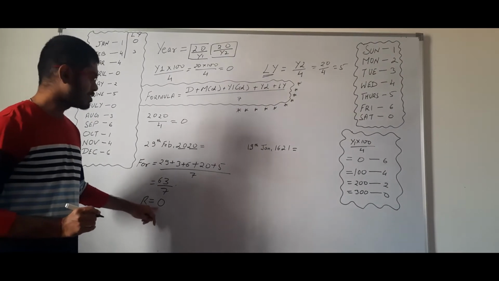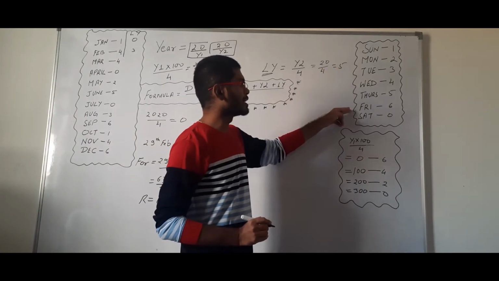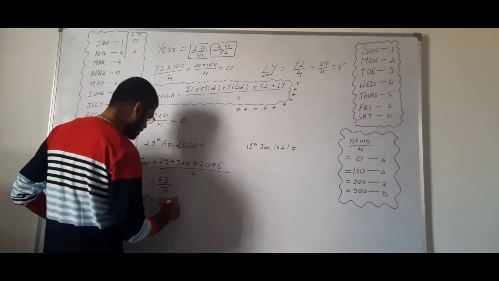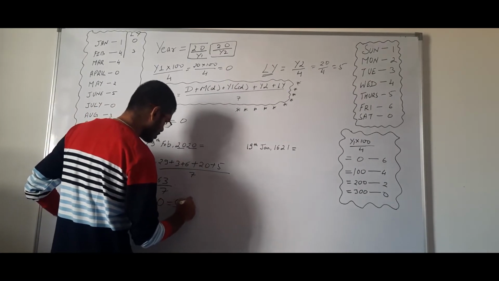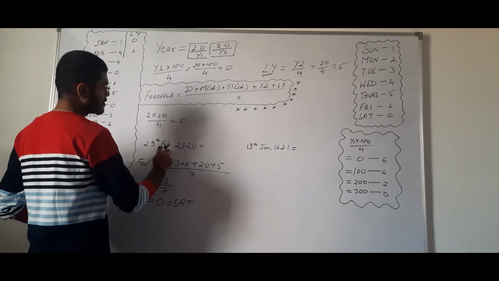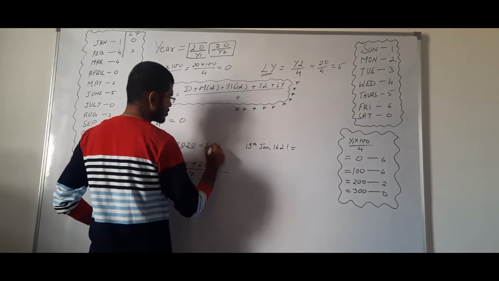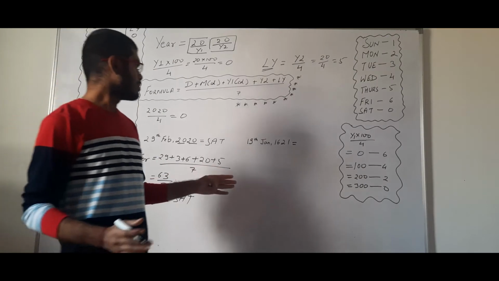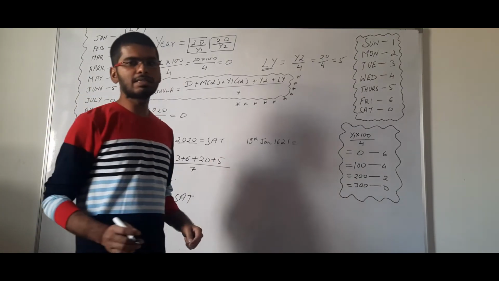Now this 0 we will look up in the weekday codes. Saturday has a code of 0, so 29th Feb 2020 will be Saturday, and guys you can check in your calendars if it is so. Now let us go ahead with the second example.